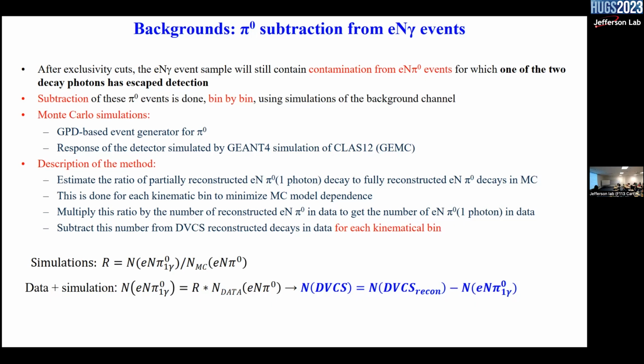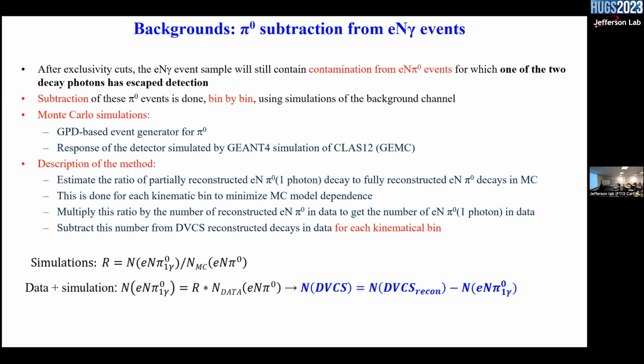So for the method to subtract pi zeros, we use the simulation. The pi zero simulation is analyzed in 2 ways. It's analyzed as if it were a DVCS event, so we apply all the exclusivity cuts that I showed before for the DVCS event and get a yield. This is a yield of fake DVCS events, or you can call them pi zero 1 gamma, the pi zeros that have escaped.